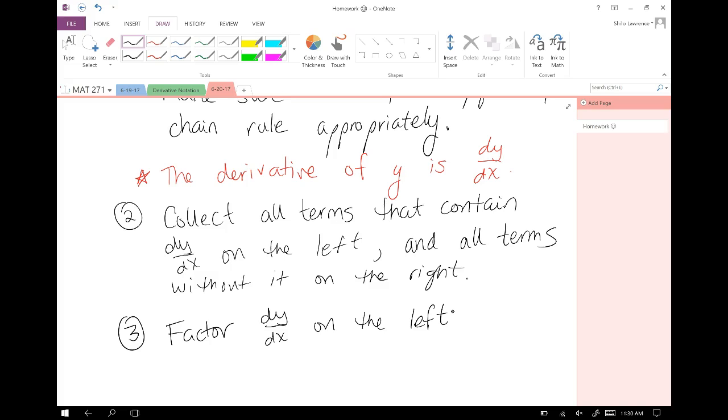And then we'll just have to divide over whatever was left from the factoring to solve for dy dx. So steps 2, 3, and 4 are just algebra. Really, step 1 is just the calculus stuff.